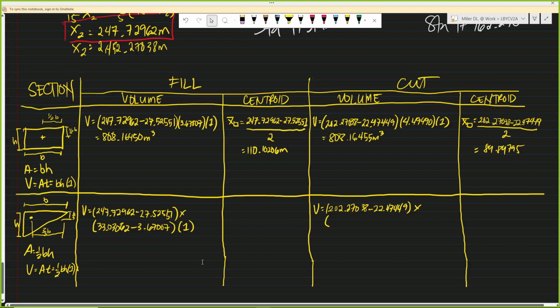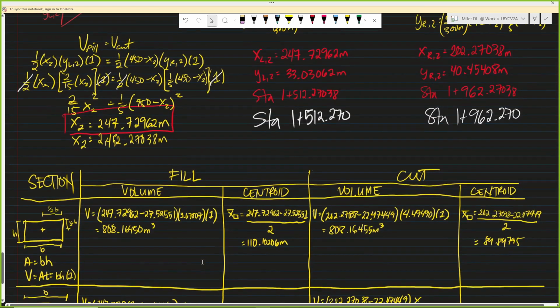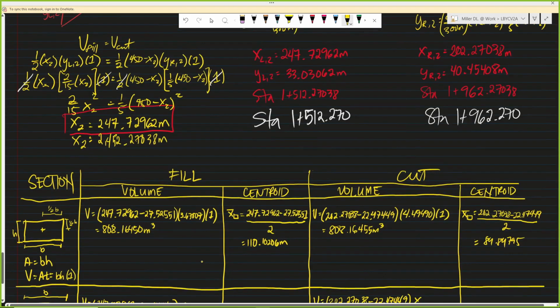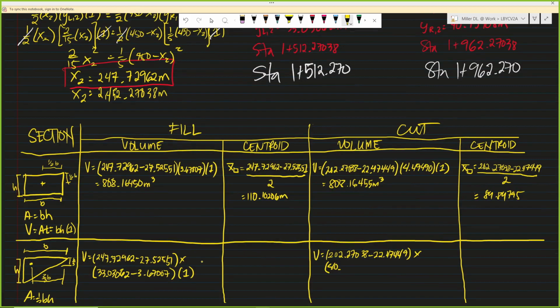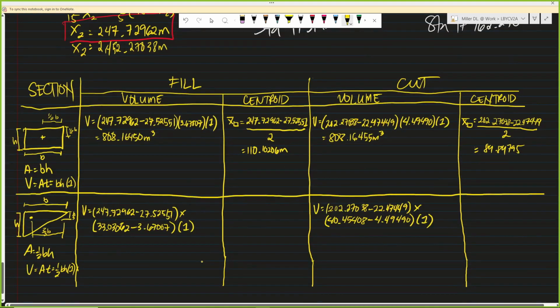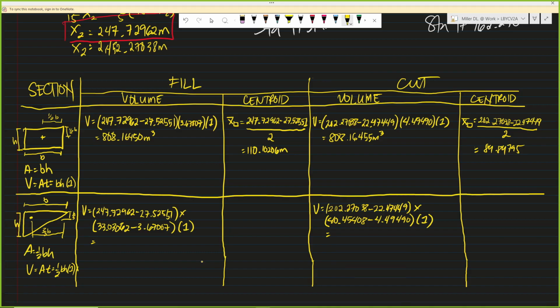Then, dito naman sa kabila, that is 40.45408 minus 4.49490 times the 1 unit width. Okay, kindly calculate the volume. Sige, comment sa chat box, what would be the volume?